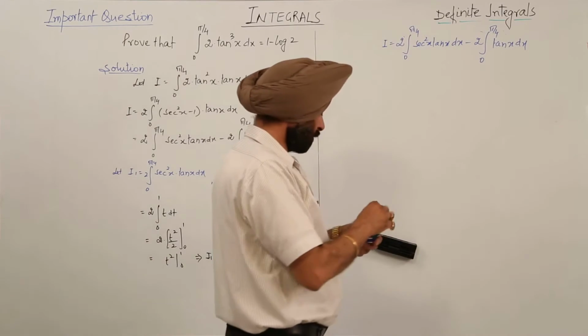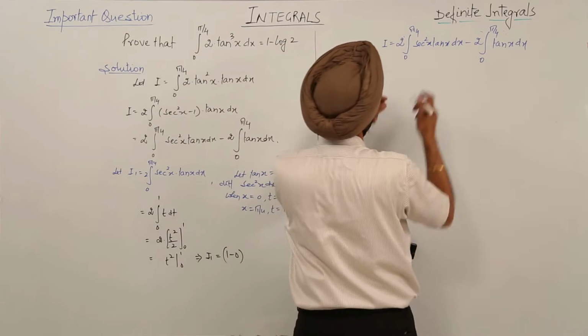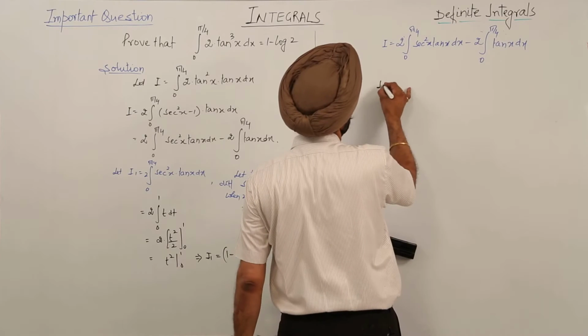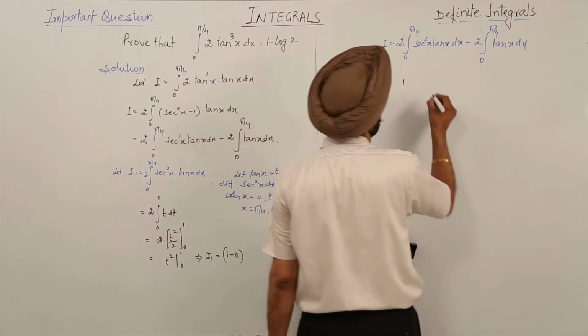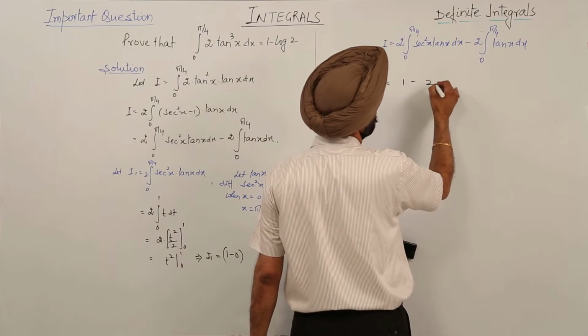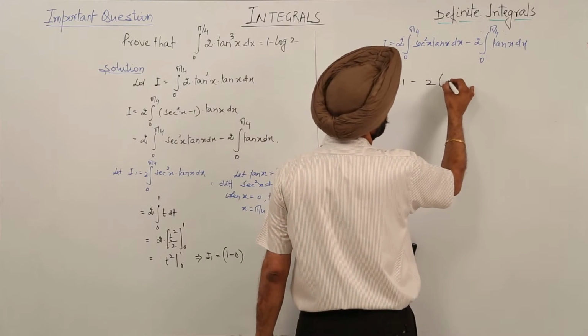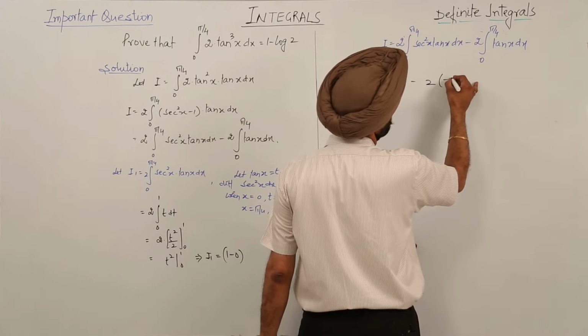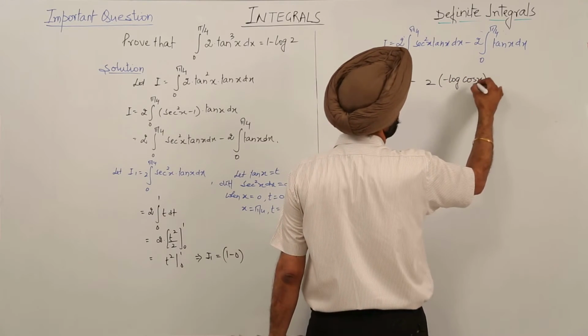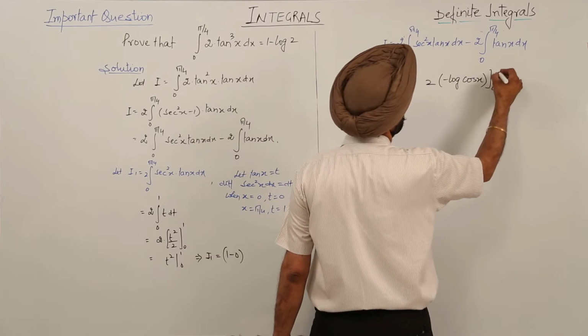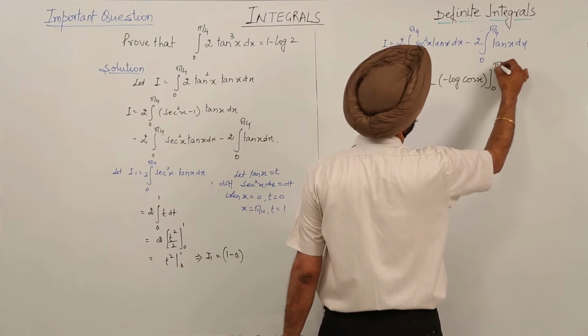Okay. Now this part we have already solved, so we are left with the integration of tan x. The first result was 1, so 1 minus 2 times minus log cos x from 0 to pi by 4.